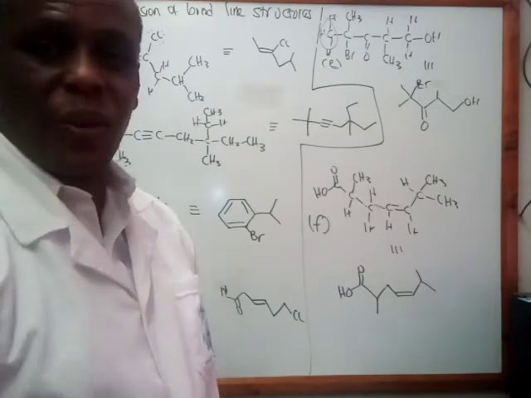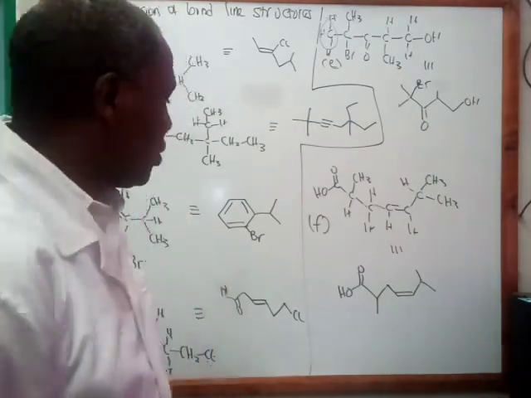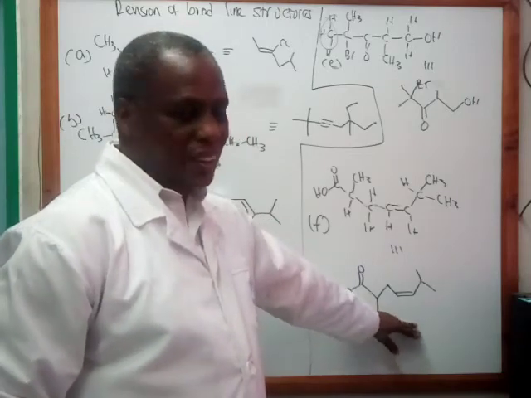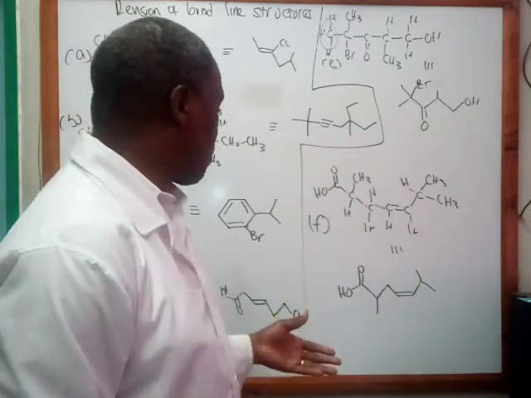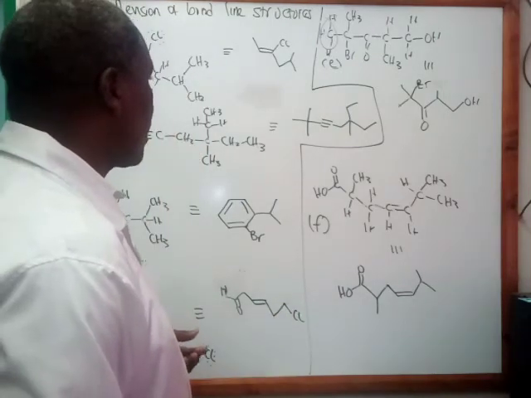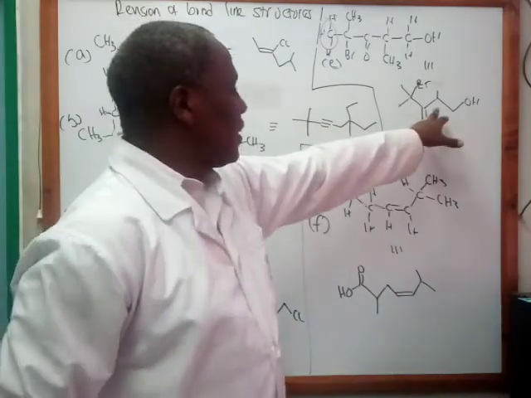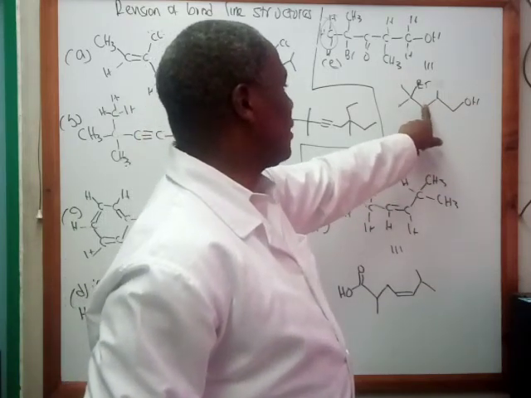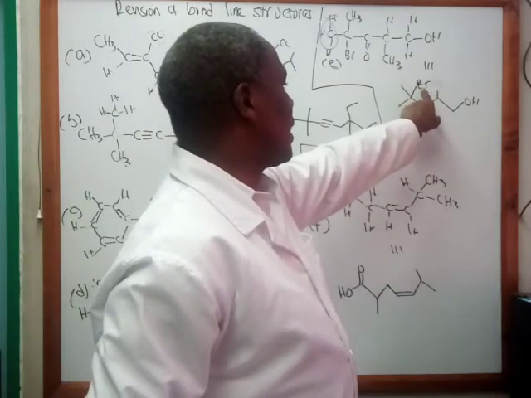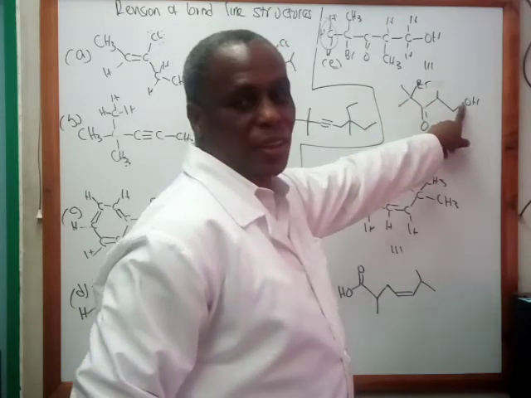So what you're going to be doing next will be to use these bond line structures to try to come up with the rules on, for example, in this structure, it's got a carbonyl, it's got a ketone group, it's got a halogen, it's got methyl groups, and then it's got an OH.